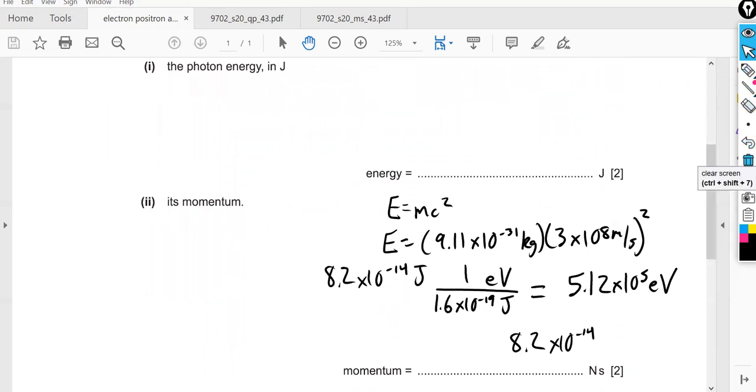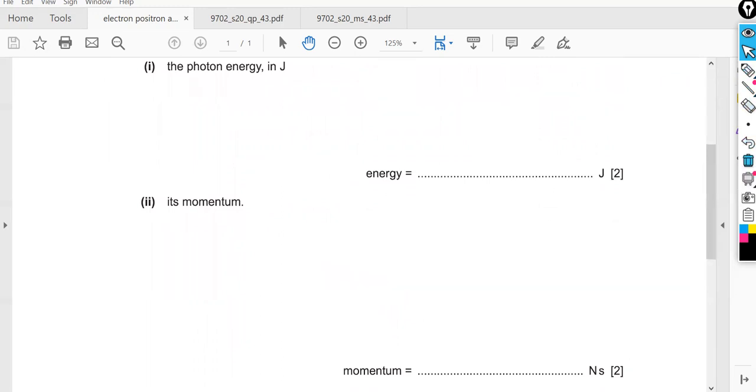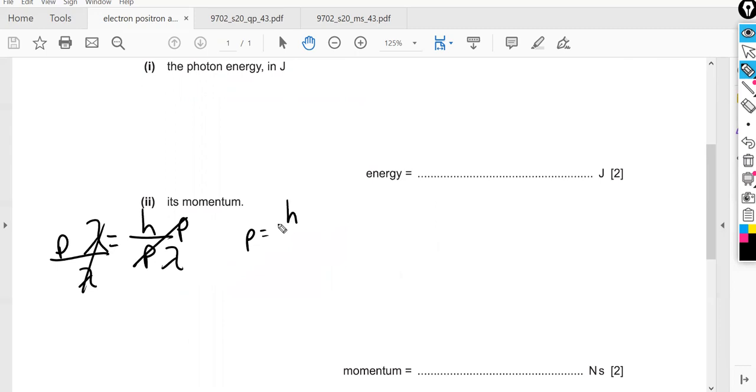And in order to solve this, we're going to use the idea that the wavelength of something is equal to Planck's constant divided by momentum. So let's make momentum the subject here. Divide by this. So we realize that momentum is equal to Planck's constant divided by the wavelength.